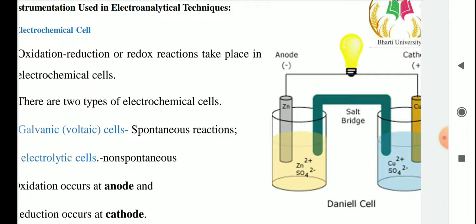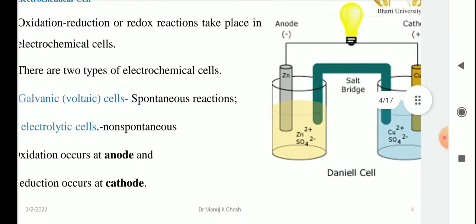Both are connected through a wire, and between the two beakers you use a salt bridge for the mobility of ions. This is a very good example of a Daniell cell or galvanic cell. The reaction occurring in this cell is spontaneous. But in the case of an electrolytic cell, the reaction is non-spontaneous.